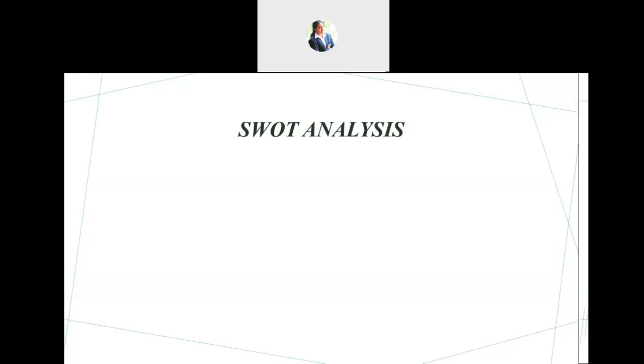Now, the SWOT analysis enables an organization to identify both internal and external influences.